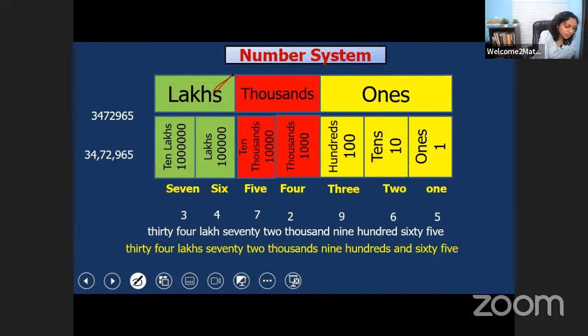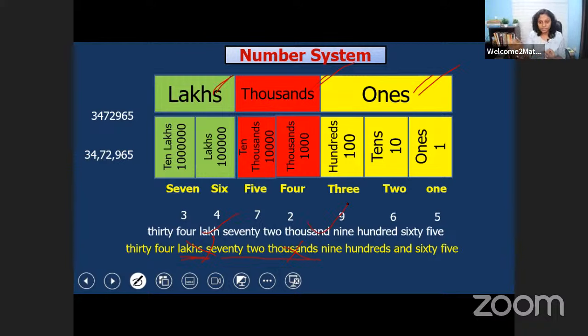In written form, we cannot write in plural form. So it would not be 34 lakhs, it would be 34 lakh. Remember this: don't write the periods in plural. Always write 34 lakh 72,000 in this way.